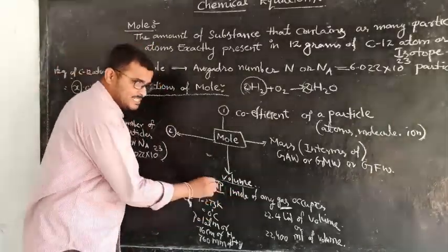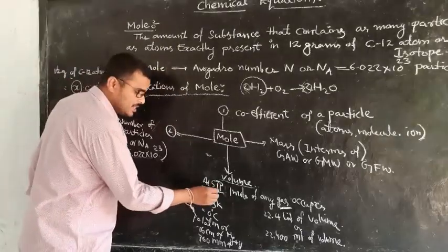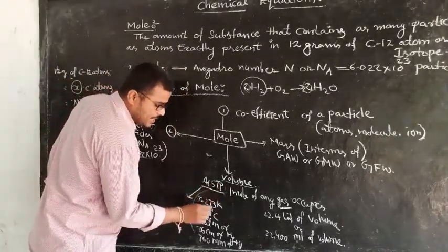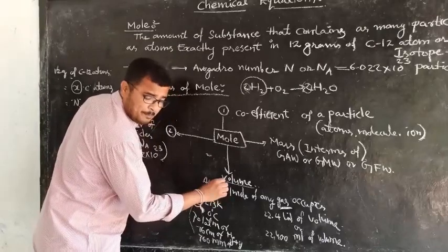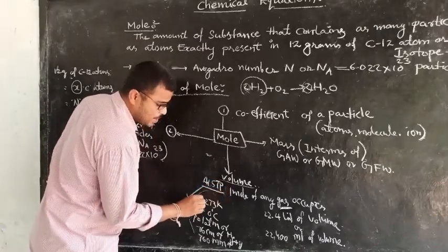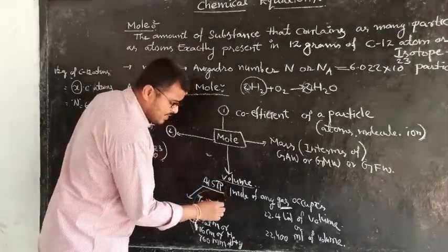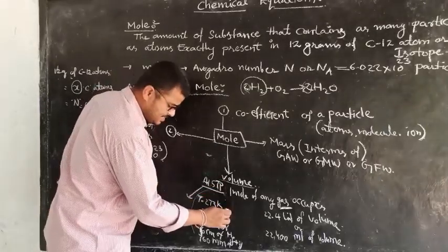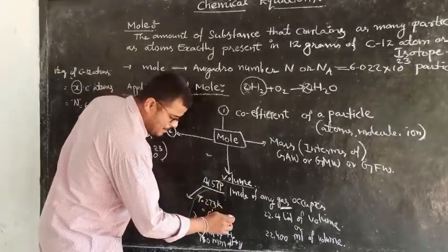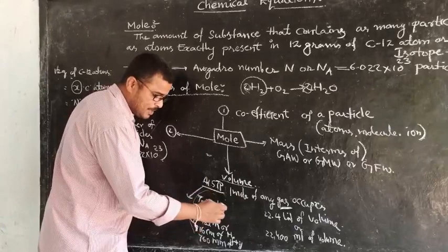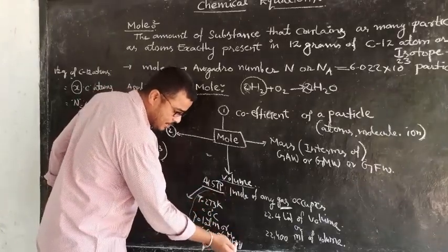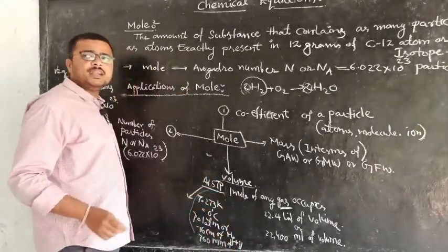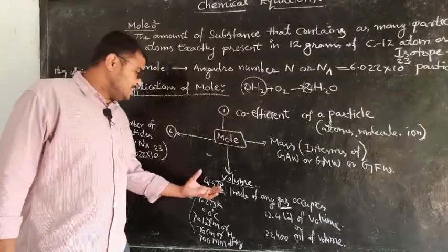At STP conditions. What do you mean by STP? Standard temperature and pressure. Temperature value is 273 Kelvin, that is equal to 0 degree Celsius. Pressure is 1 atmosphere, 76 centimeters of mercury or 760 millimeters of mercury. These are the standard temperature and pressure values.